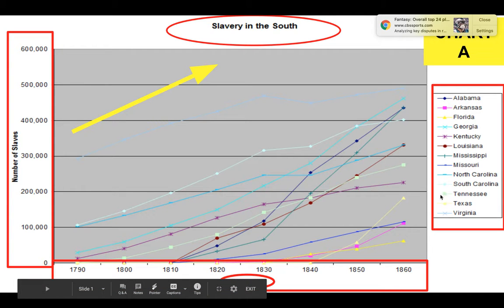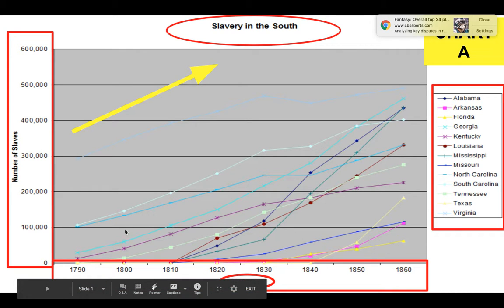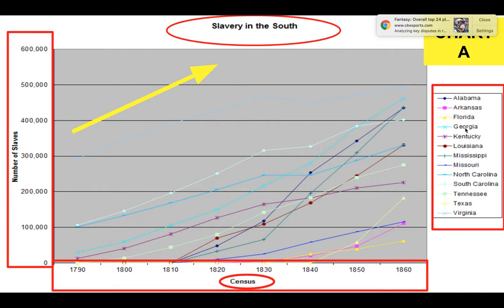Now, I know it's hard to differentiate between some of these, but you're going to get a general idea. When we're looking at charts, we're also looking for trends. If you look, starting from 1790 all the way through 1860, in all cases, these lines, which are really indicating states, are all going up.